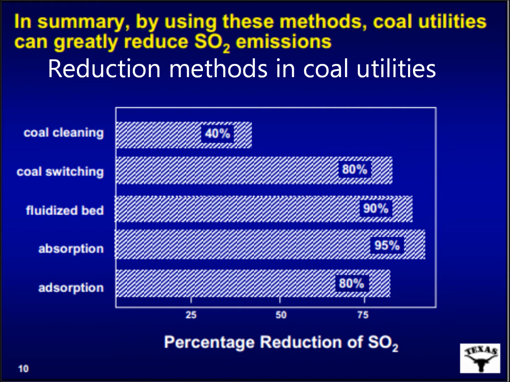As you can see, adsorption has the highest percentage of 95% in the reduction of SO2. This means that absorption is the most effective in reducing sulfur dioxide. Coal cleaning, on the other hand, is at 40%, which is the least amount of all.